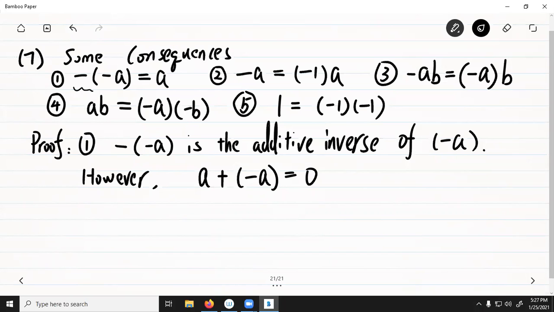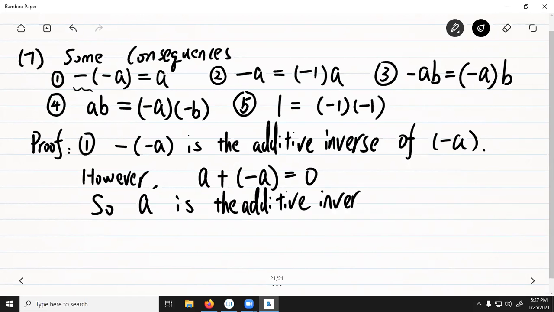A is the additive inverse of negative A, or negative A is the additive inverse of A, because their sum equals 0. So they are the additive inverse of each other, right? From this one, we know that A is the additive inverse of negative A. No problem, right?